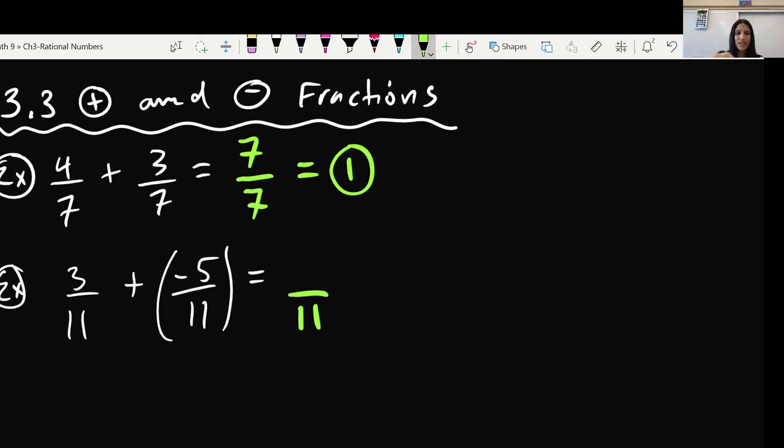So 3 minus 5, my answer is going to be negative. The difference between 3 and 5 is 2, so I could say negative 2 over 11. The other way you could look at it is if you have $3 and you owe someone $5, you can give them the $3, but you still owe $2. So negative 2 over 11 is what we would end up getting in this first example.